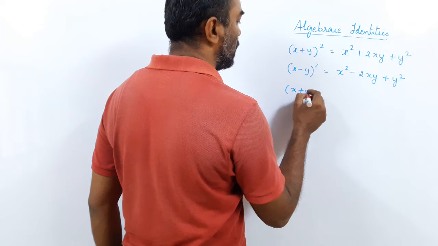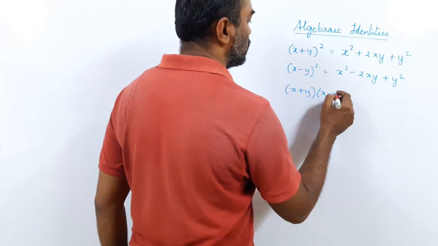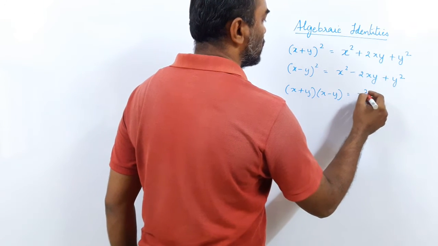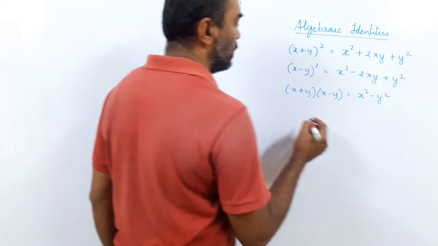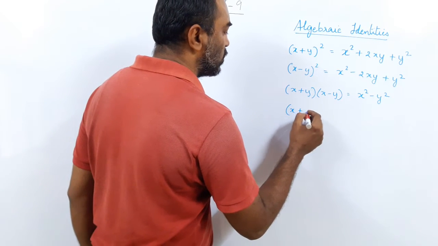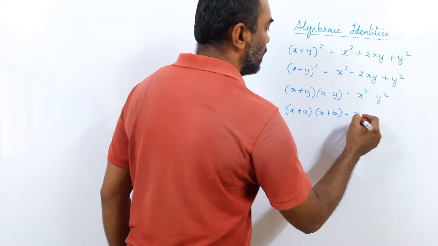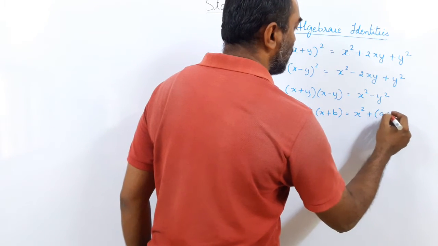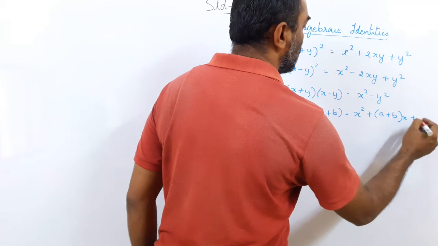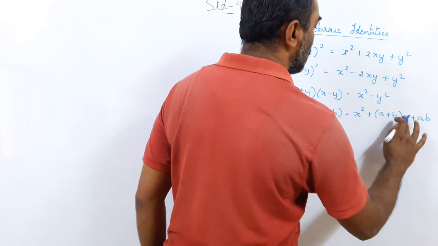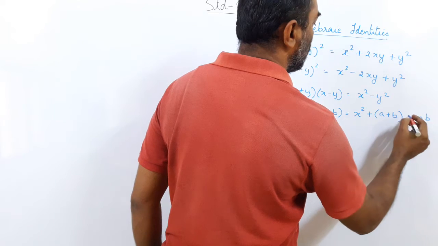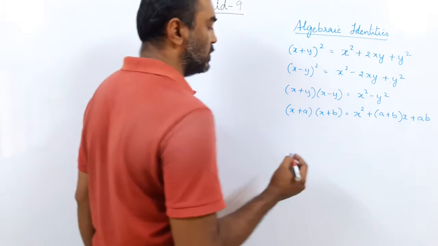Then we had x plus y into x minus y was x square minus y square. And then we had general terms with the constant, x plus a into x plus b, as x square plus a plus b x plus ab. Okay, so these are all in terms of binomials.